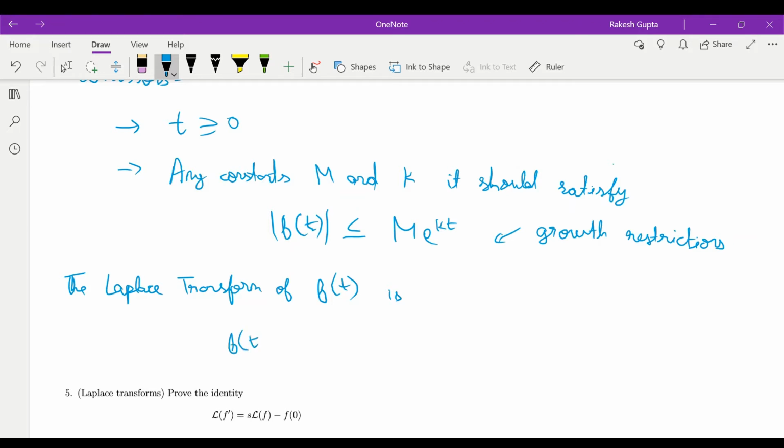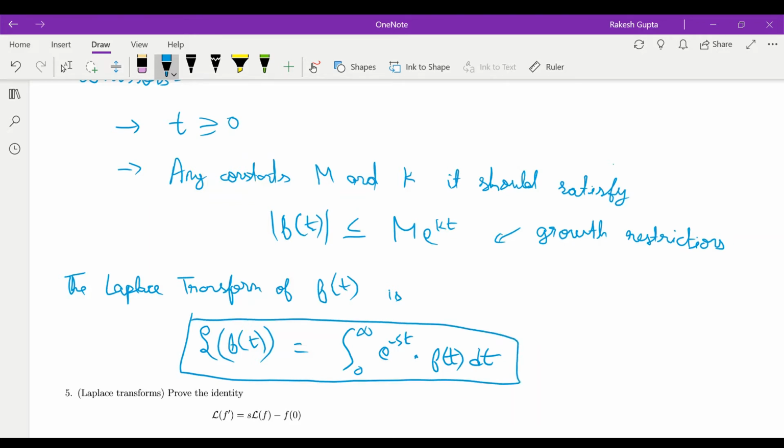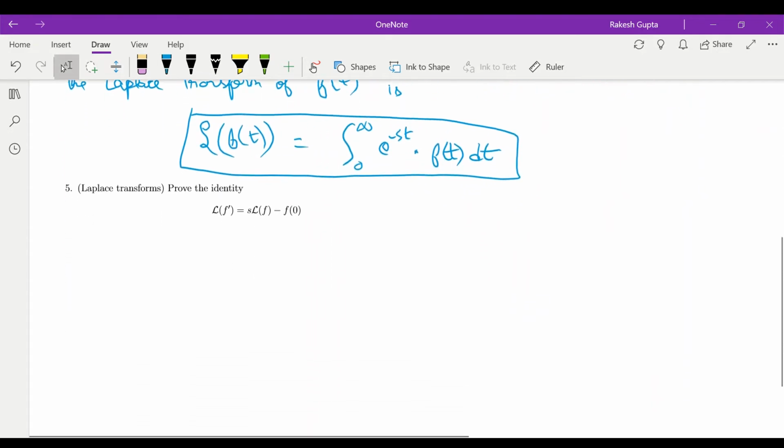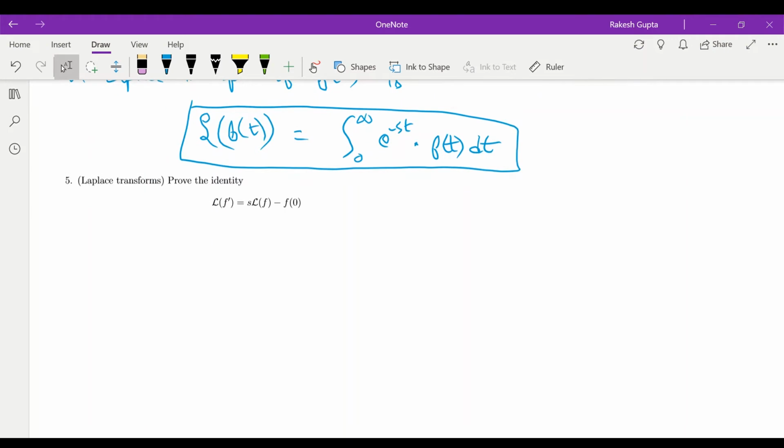So here there is f of t, and the Laplace transform of it is given by the integral with limits 0 to infinity of e power minus st multiplied with f of t dt. So now when we come to the question, we see that our f of t is given as f dash. So I'm just going to take it as f dash of t for now.